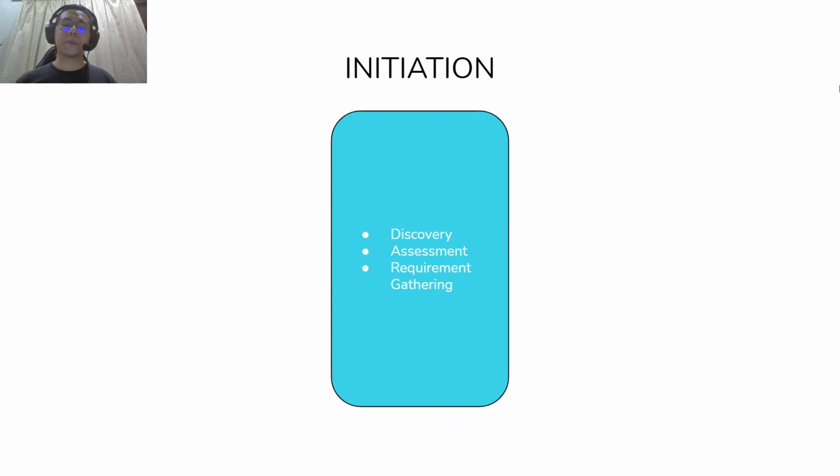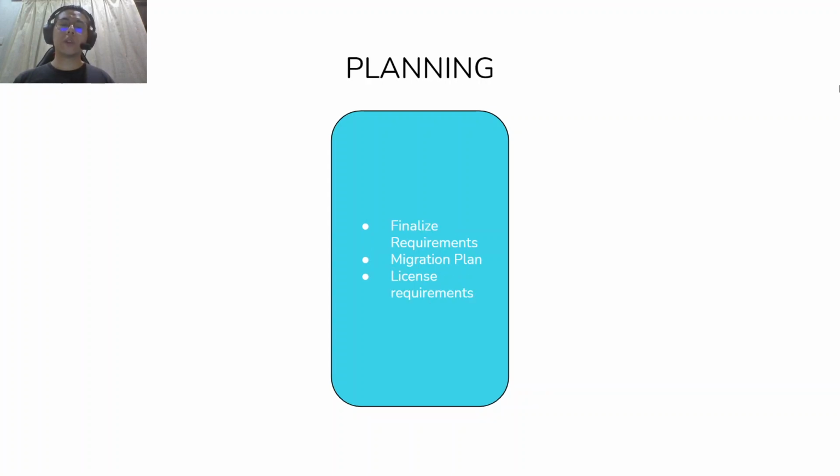Moving on, once we've gathered all the information that we need, this is where we finalize the requirements with our customers to see what kind of workloads they would like to move to cloud. It could be just a simple step of having it on pilot, which means we can have maybe 1, 2, or 3 workloads moving to the cloud first, just for the customers to have a look and feel of what it is like to have their workloads on the cloud, and how the whole migration works from on-premise to the cloud.